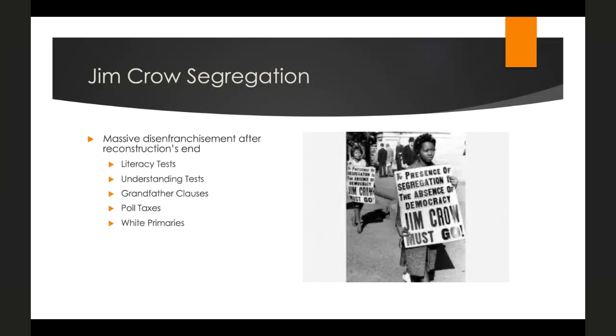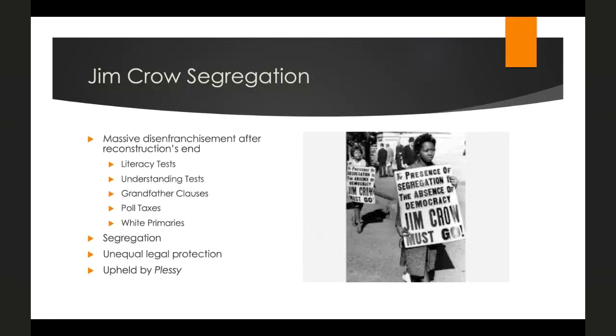In addition to these political efforts at disenfranchisement, the Jim Crow South was also the land of segregation: separate facilities, neighborhoods, restrooms, train cars, and seats in buses. These were upheld by the Plessy versus Ferguson decision, that as long as the facilities were equal, separate facilities did not violate the 14th Amendment.